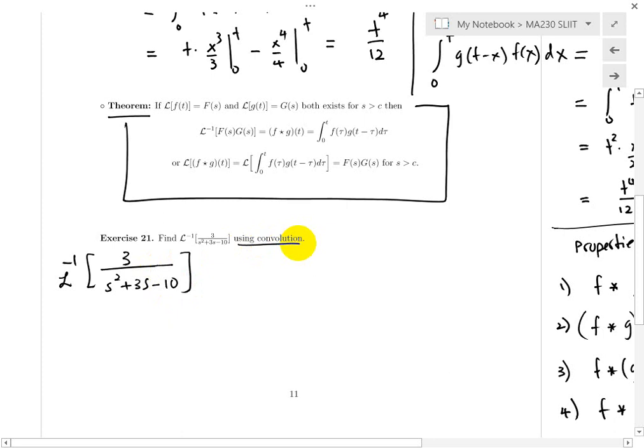So this is the inverse Laplace transform of 3 over (s plus 5)(s minus 2).